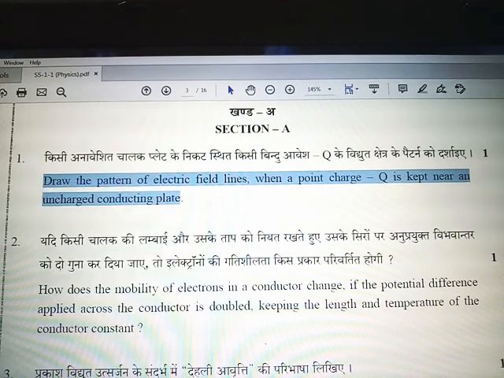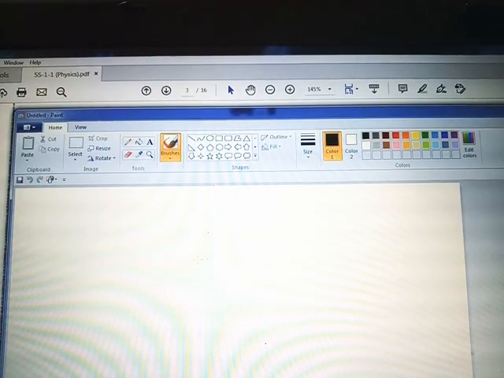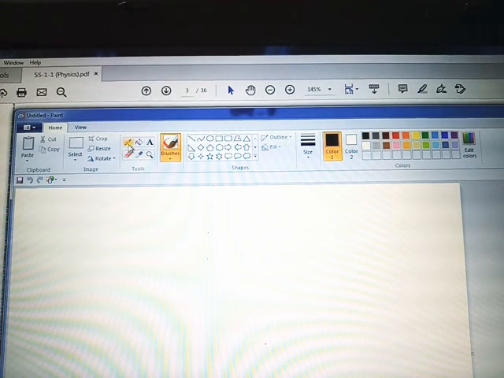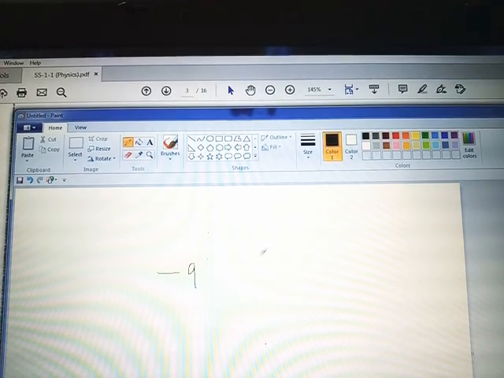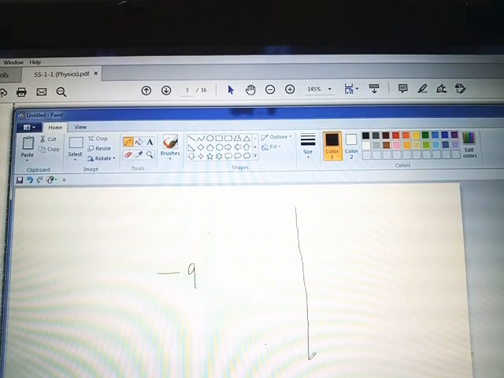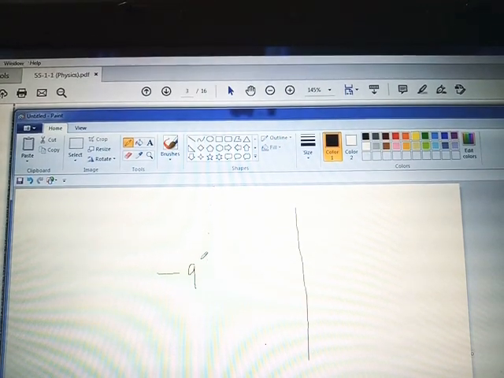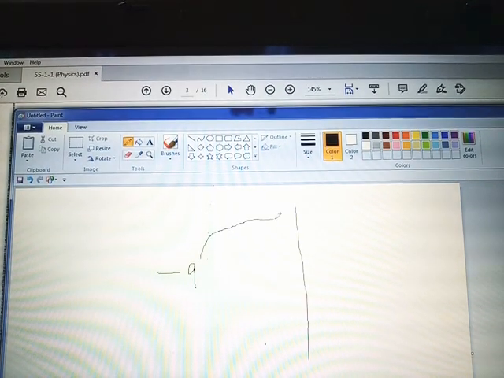I think it's very simple. This is a negative charge, suppose negative charge q, right? And there is a plate. So if it is a plate, then charges will be distributed like this.